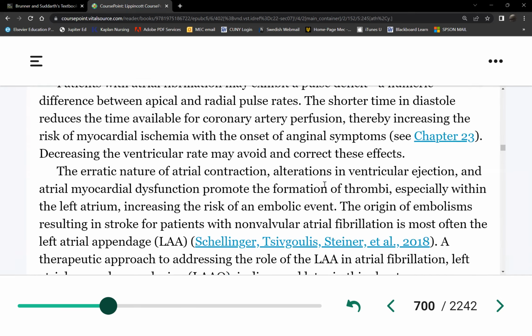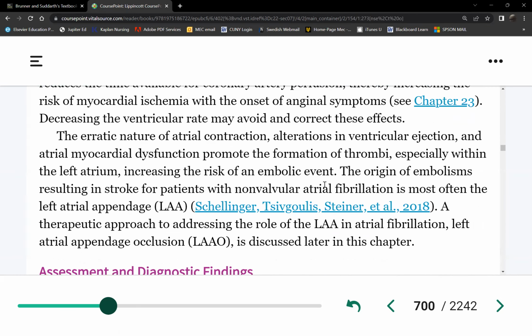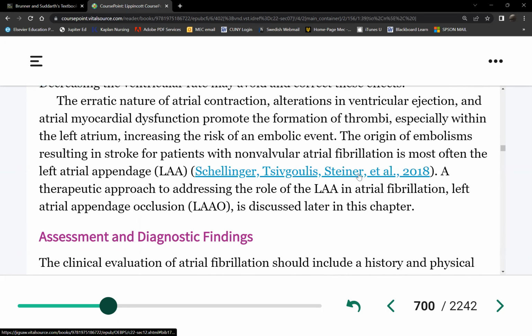So that's the easy part of cardiac questions, because they all manifest the same. You work on a cardiac floor, no matter what the patient's problem is, all of them have decreased cardiac output. There will never be a dysrhythmia that improves cardiac output.